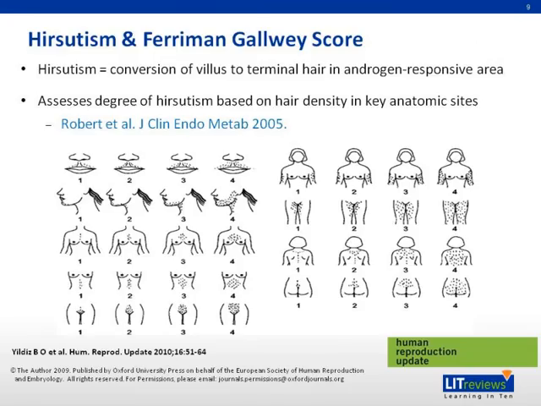And this is the Ferriman-Gallwey scoring of hirsutism from grade 1 in mild cases to grade 4 in severe cases, where hirsutism can occur on the chest, abdomen, as well as the back of a woman.